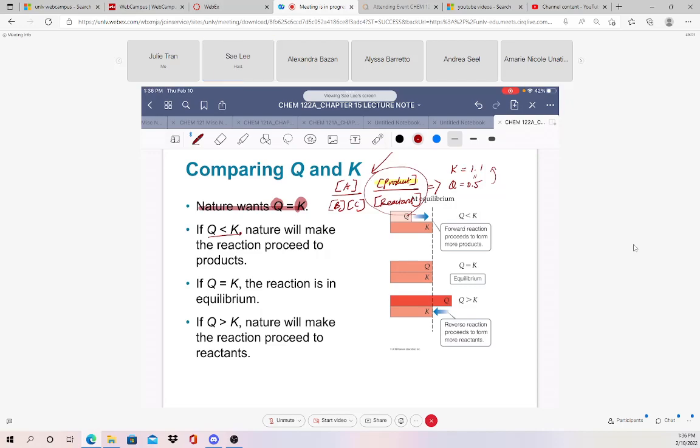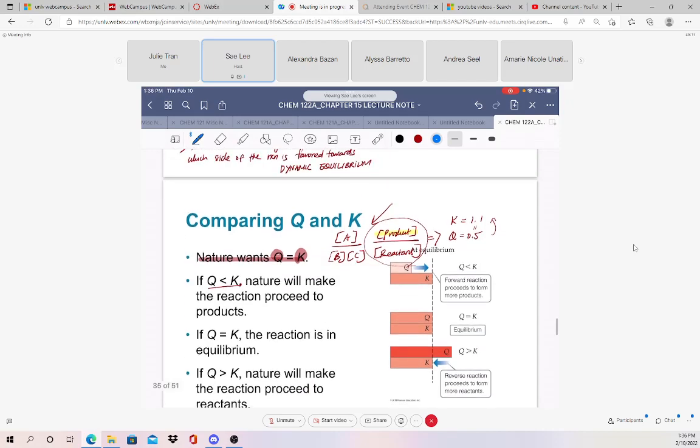So in this case, the reaction will make more product in order to reach dynamic equilibrium. I'm going to write that down. The reaction will make more of the product to reach dynamic equilibrium.